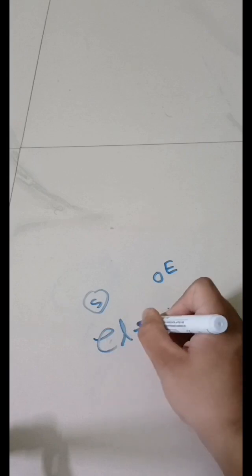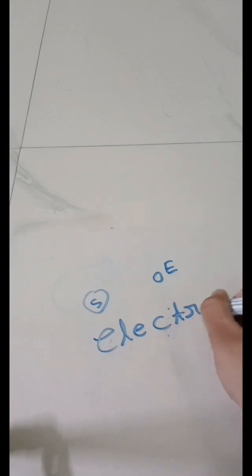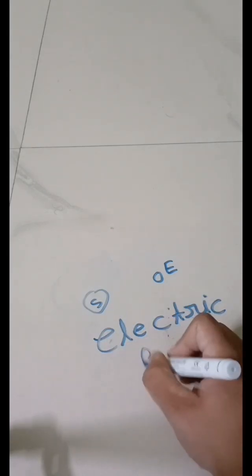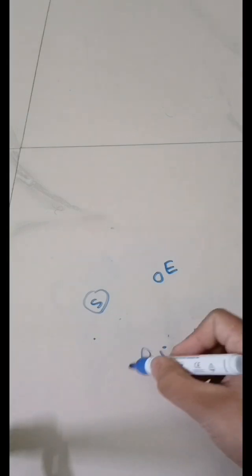Now all those answers can be given by the concept of electric field, or rather, don't say electric, rather the concept of field in physics. The concept of field in physics.